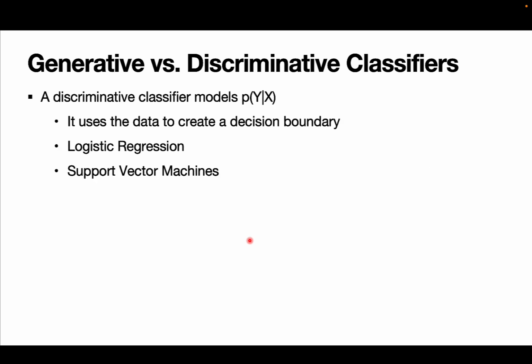On the other hand, discriminative classifiers model the probability of y given x, and use the data to create a decision boundary, then use this decision boundary for classification, like logistic regression and support vector machines.